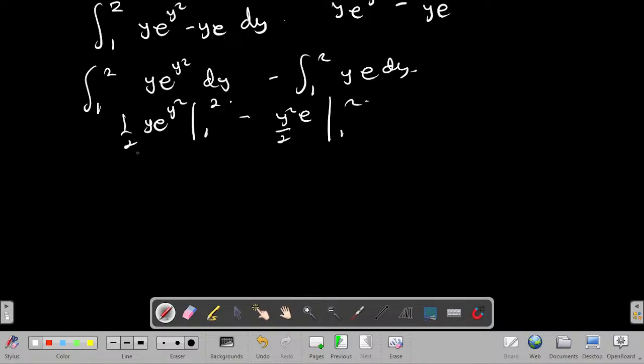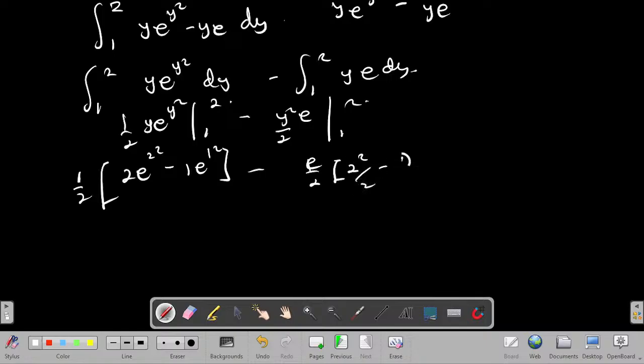When I put in 2, I'll get 1 over 2 outside, 2e to the power 2 squared minus 1e to the power 1 squared, minus 1 over 2. I have e as a constant, so 2 squared over 2 minus 1 squared over 2.